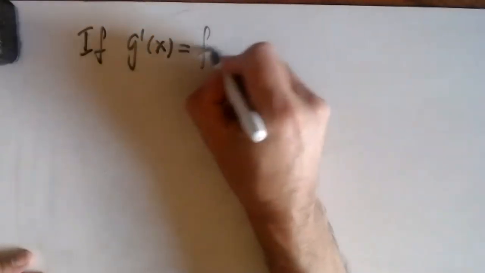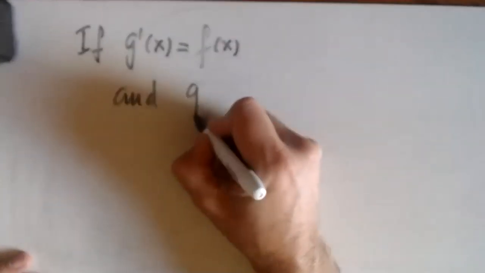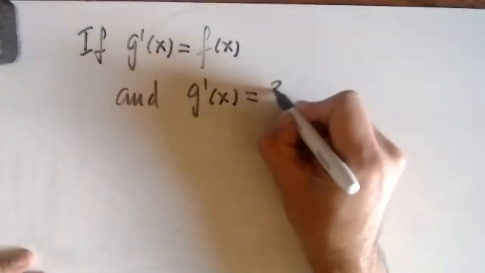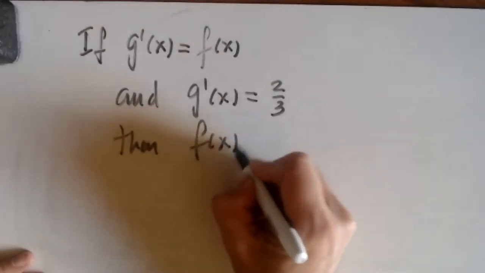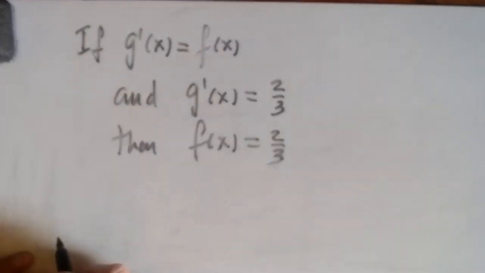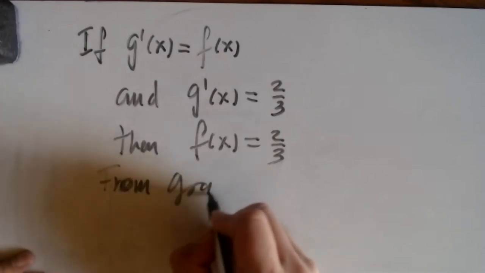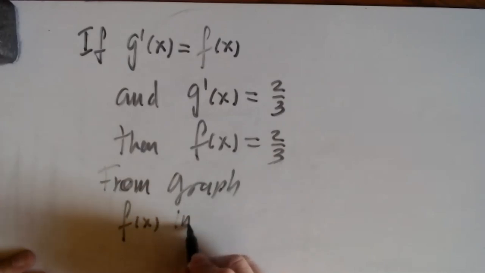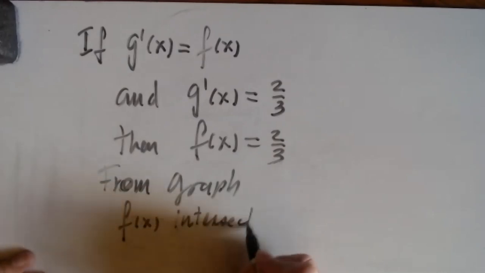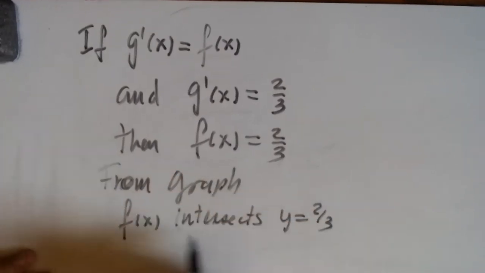So if G prime of X equals F of X and you want G prime of X equals 2/3, then F of X equals 2/3. From the graph, F of X intersects Y equals 2/3 once, correct?